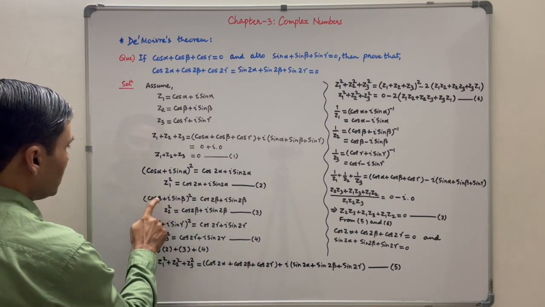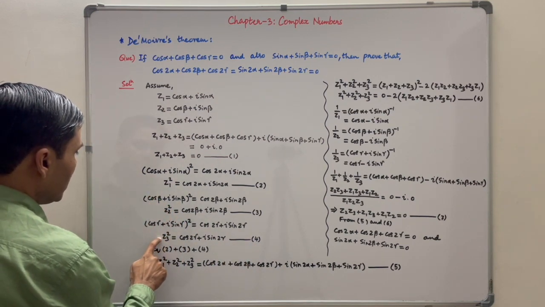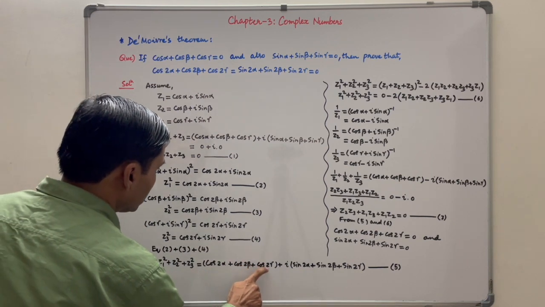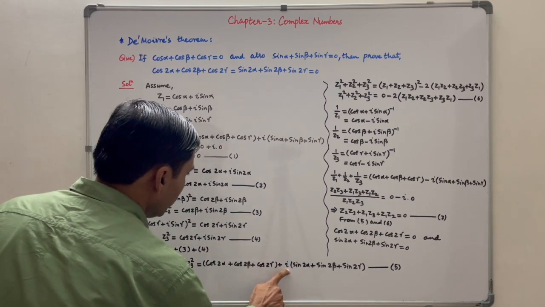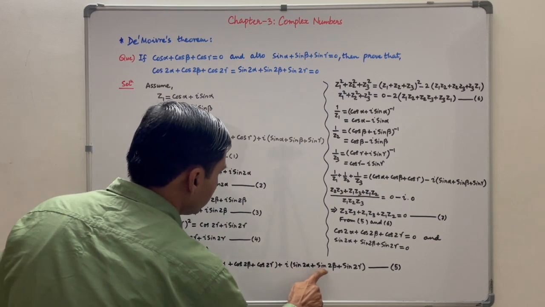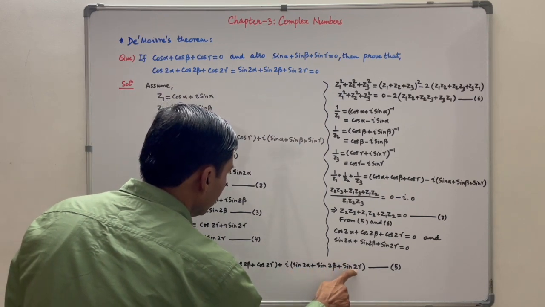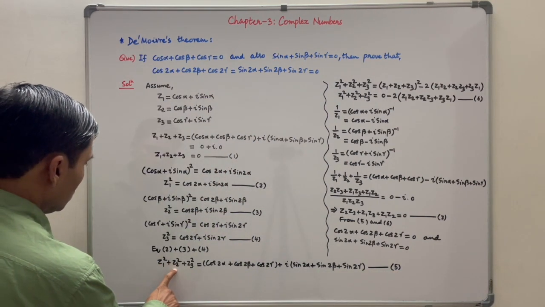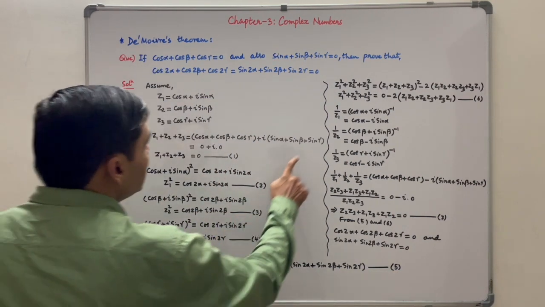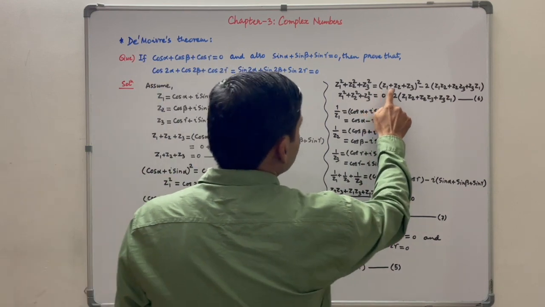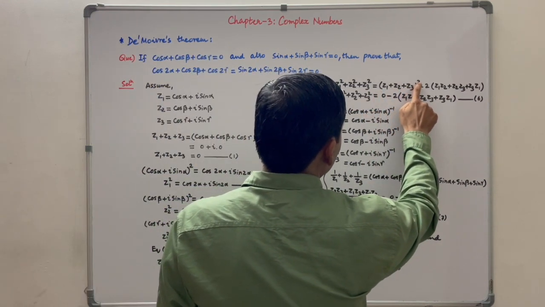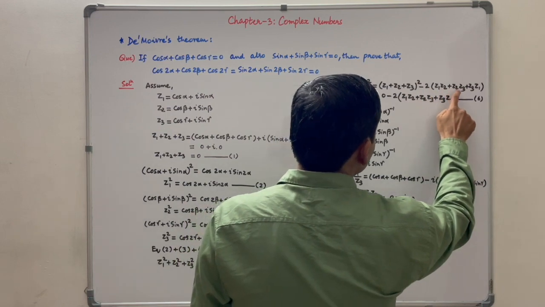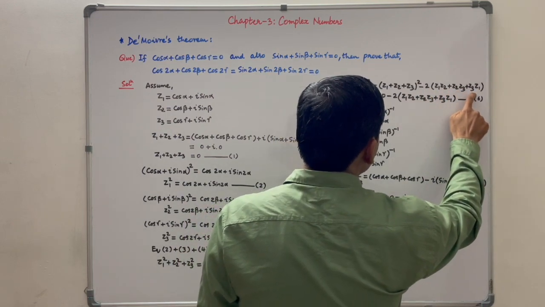Now z1 square plus z2 square plus z3 square is equal to cos 2 alpha plus cos 2 beta plus cos 2 gamma plus i into sin 2 alpha plus sin 2 beta plus sin 2 gamma. This is equation number 5. z1 square plus z2 square plus z3 square is equal to z1 plus z2 plus z3 whole square minus 2 into z1 z2 plus z2 z3 plus z3 z1.